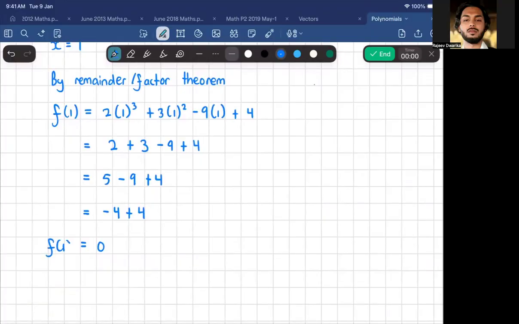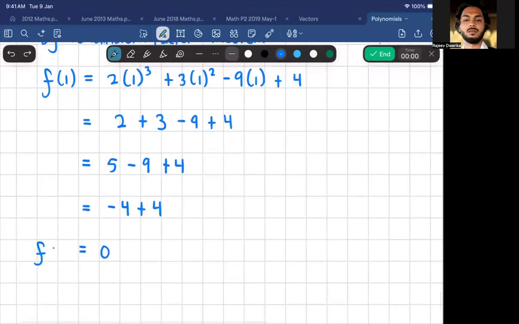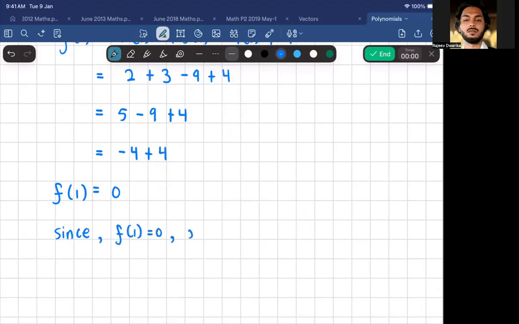Since we got a remainder of 0, is x minus 1 a factor? Yes, sir. Right. And so you would say since f of 1 is equal to 0, x minus 1 is a factor.